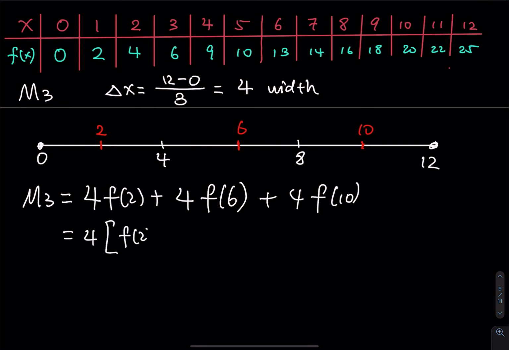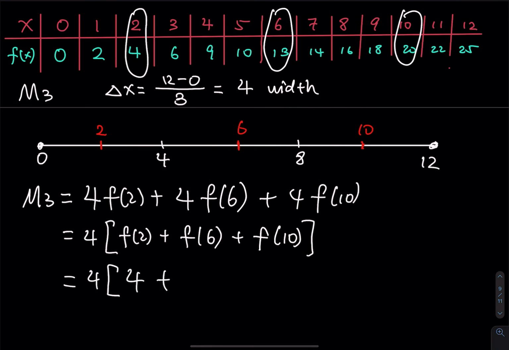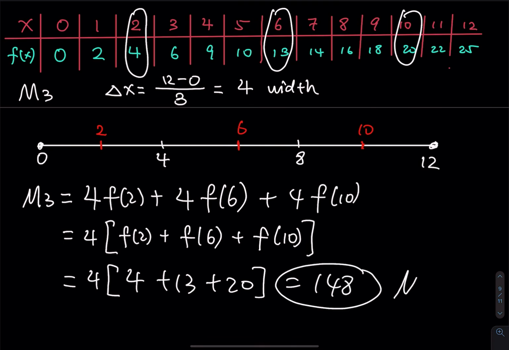I know that is annoying, but I like showing work. F of 10. And then 4, when x is equal to 2, we have this, x is equal to 6, and then x is equal to 10, so that will be 4 plus 13 plus 20, and the sum is equal to 148. So that is the midpoint sum using 3 subintervals.